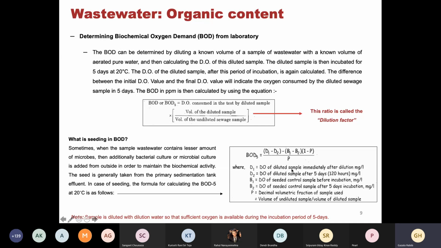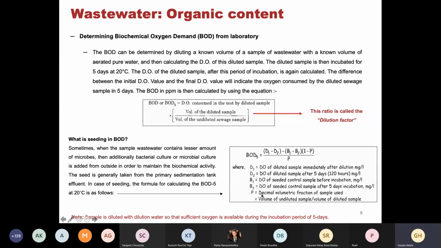D1 is the DO of the diluted sample immediately after dilution in mg per liter. D2 is the DO of the diluted sample after 5 days, 120 hours, in mg per liter. B1 is the DO of the seeded control sample. So whatever seed we have taken from the primary settling tank or ASP, the activated sludge process, the DO of that sample is known as B1, and B2 is the DO of the seeded control sample after 5 days incubation.